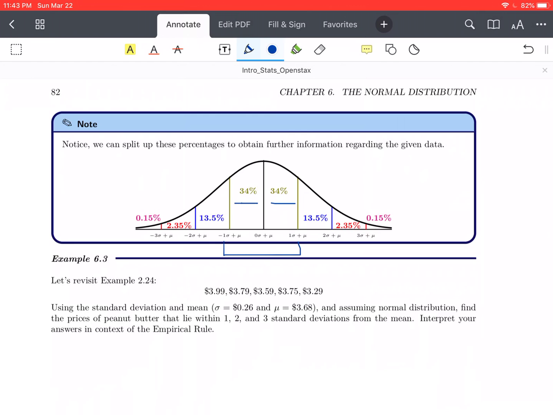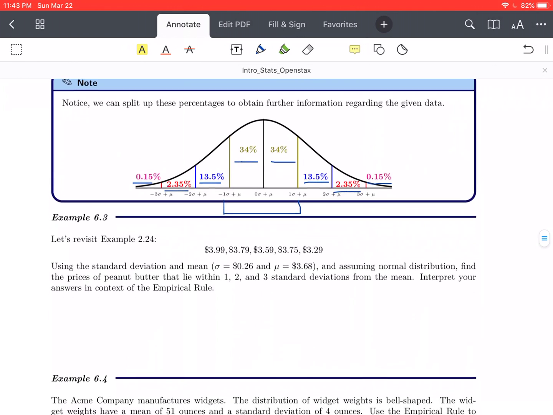This portion is 13.5, that's 13.5. 2.35, 2.35, and then in the tails is 0.15%. Very small portions as we head out towards the ends, but this is going to be very helpful for us when we are trying to identify portions of data, where all the data lies.